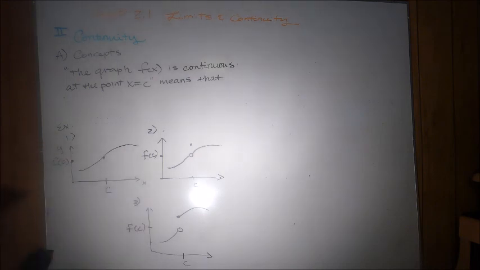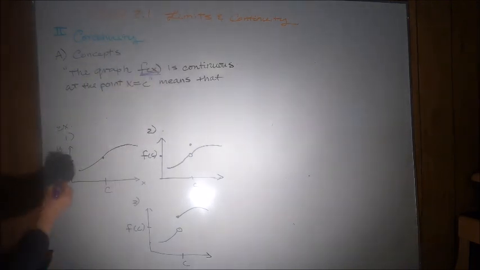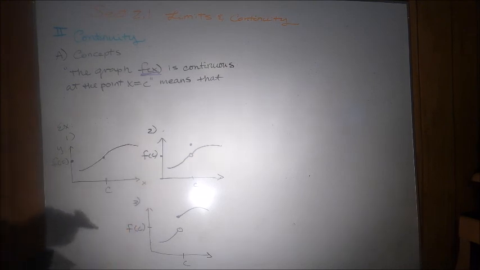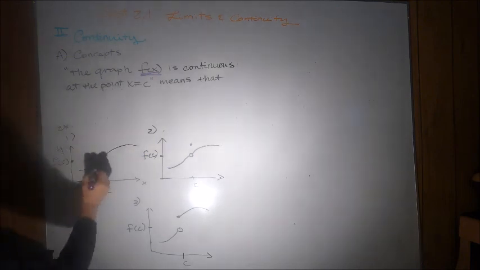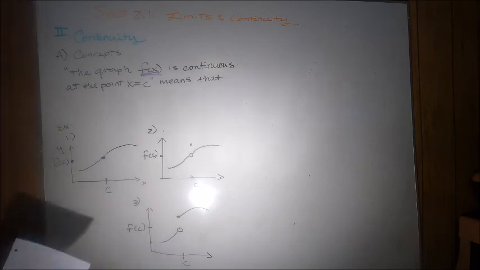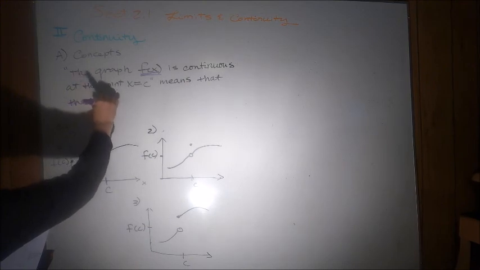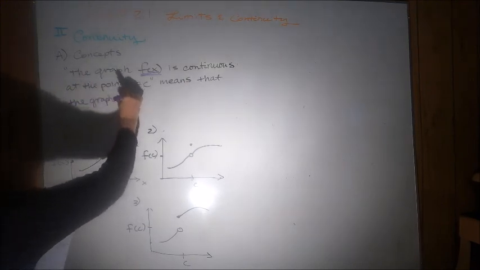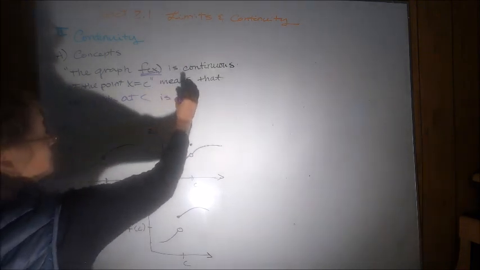So formally we talk about a function of x, f of x, right? We look at the graph to see whether or not it's continuous. The graph is continuous at a certain point, one point at a time. It means the graph at c, at this point, is continuous.